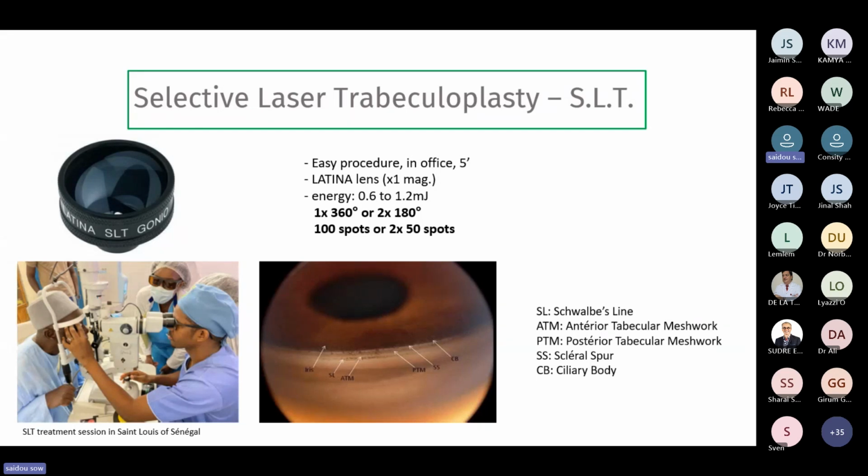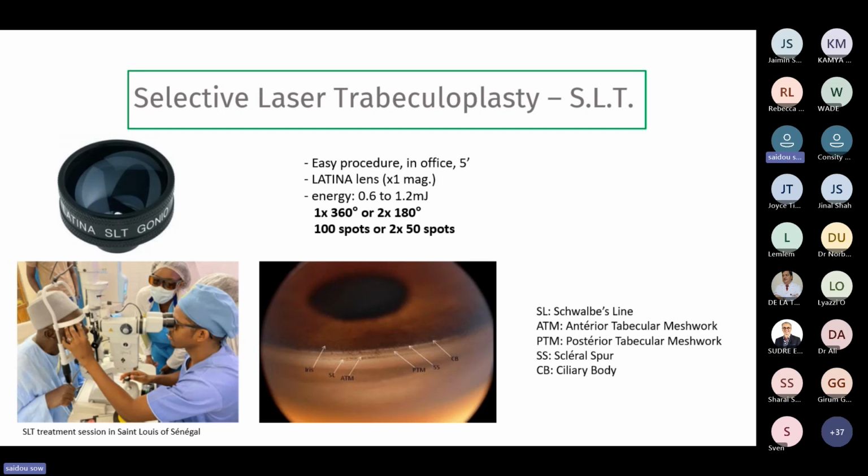It is known that the less pigmented the trabeculum is, the more energy is required to see these champagne bubbles. We also have two options. We can treat 360 degrees in one session, or 180 degrees in two sessions.